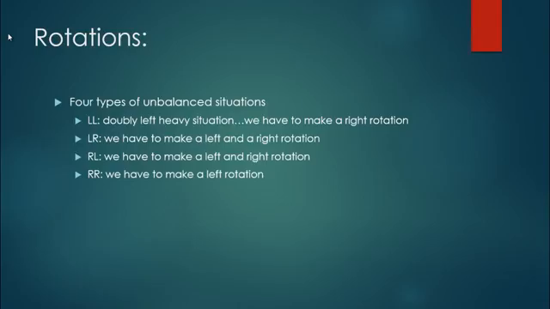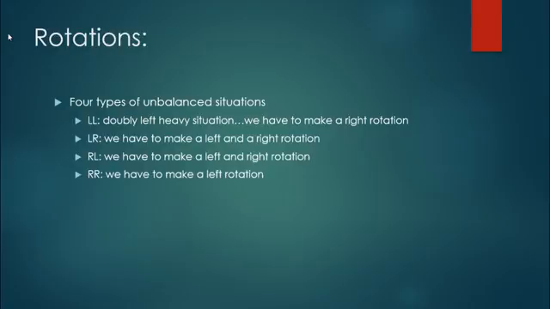So there are 4 types of unbalanced situations, and that's why we have 4 types of rotations. We have the doubly left heavy situations when we have to make a right rotation. We have the situation when we have a left heavy and a right heavy situation. At that point we have to make a left and a right rotation.